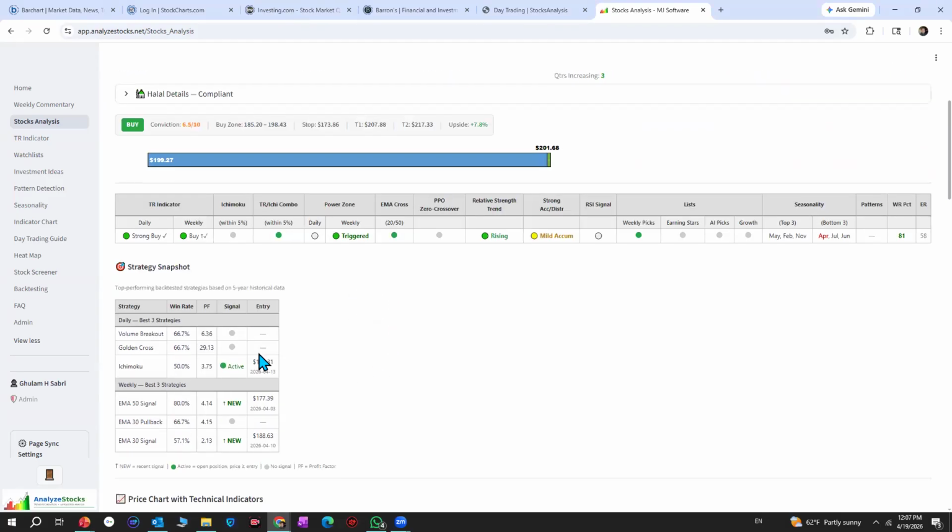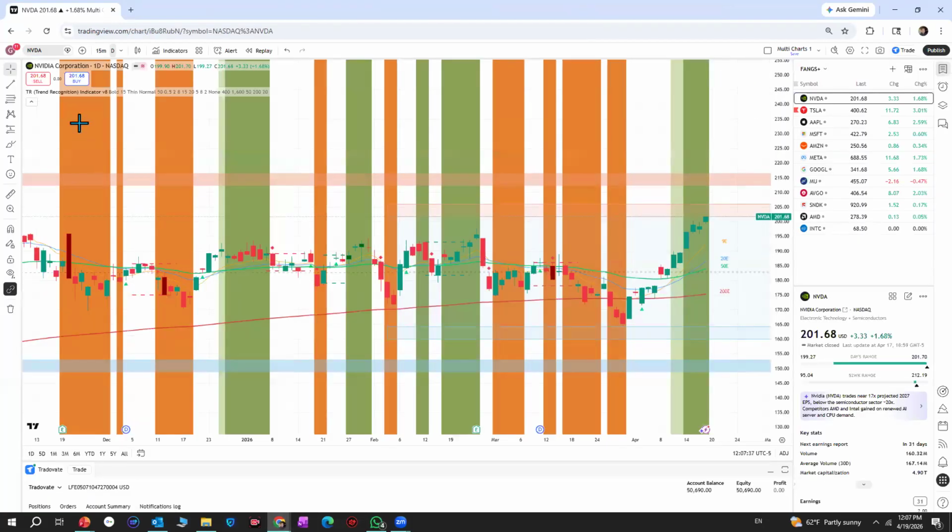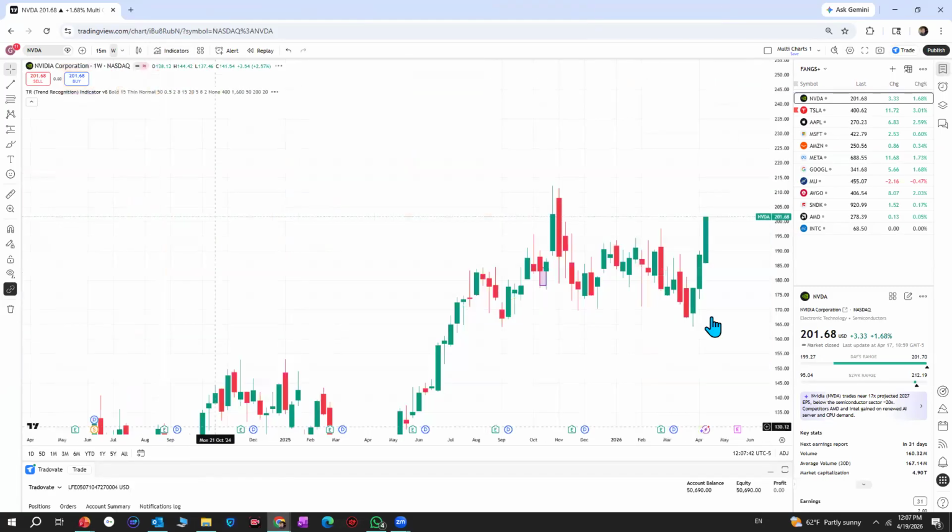You see many of the backtesting strategies on NVIDIA are giving new signals for the 50 period weekly ML line and the 30 period weekly EMA. Now, NVIDIA, if you just recall, this is daily, I just showed it to you here.